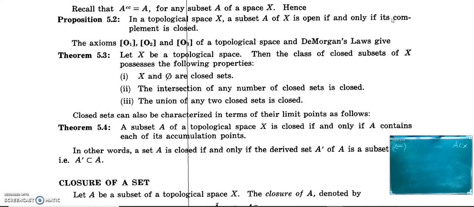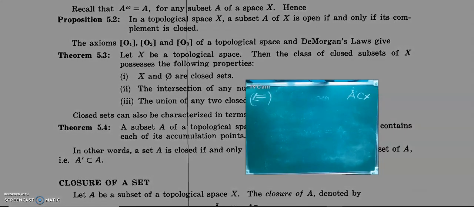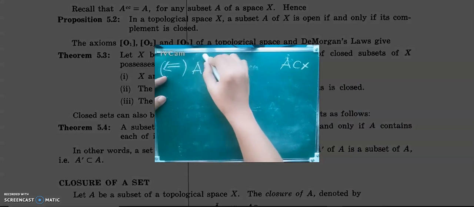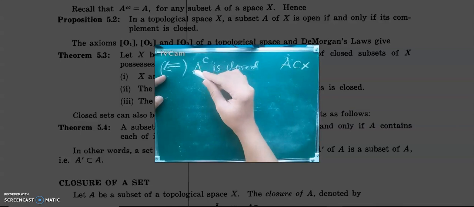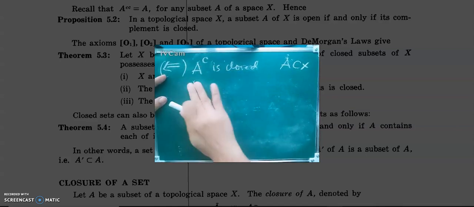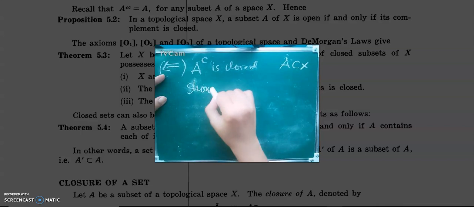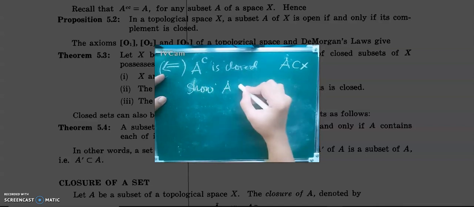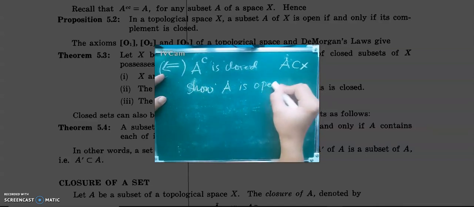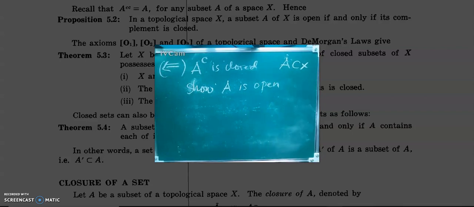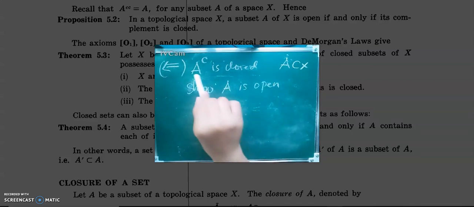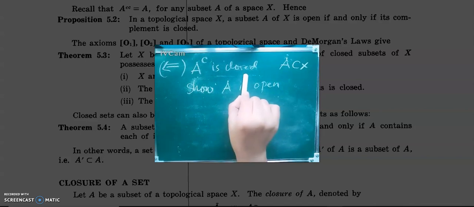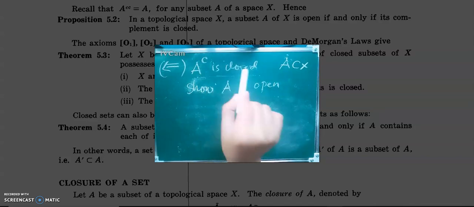So let's assume that A complement is closed, and then we are going to show that A is open. Now, to do this, we use the definition of a closed set, because we know that if A complement is closed, then the complement of this is open.